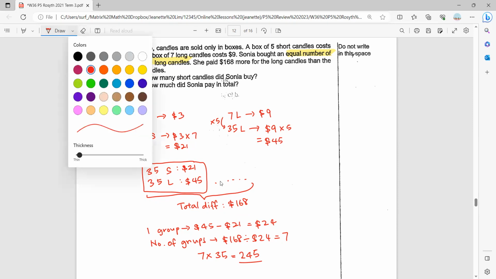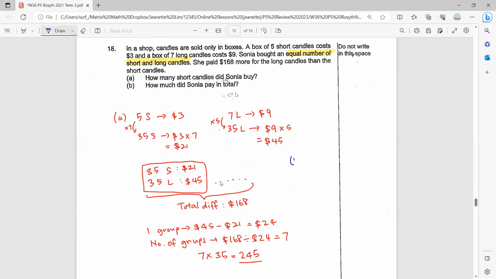Then for B, I use a different color here. For B, let me write here. How much did she pay in total? Okay, so now I know there are 7 groups of this. So how much is the total in one group? So this time, one group, I will find the total, which is $66.